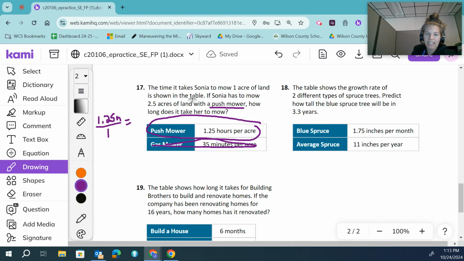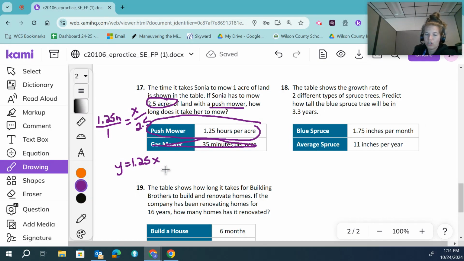And they say, if she has to mow 2.5 acres, how many hours is it going to take to mow 2.5 acres? Again, this is the proportion. Your equation would be y equals 1.25x, because again, it gives you the hours per acre.